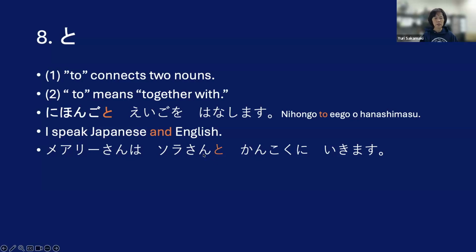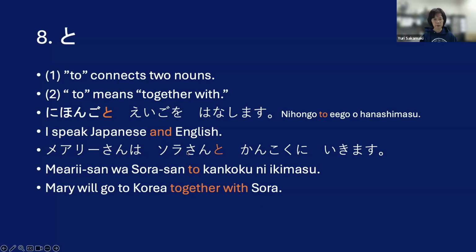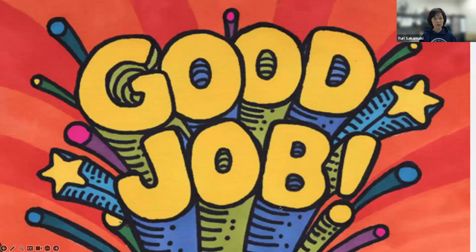So you can look at the rest of the sentence and then figure out whether it's connecting two nouns or means together with. So メアリーさんはソラさんと韓国に行きます。In this case, she's going with Sora to Korea. So that's the sentence. All right.